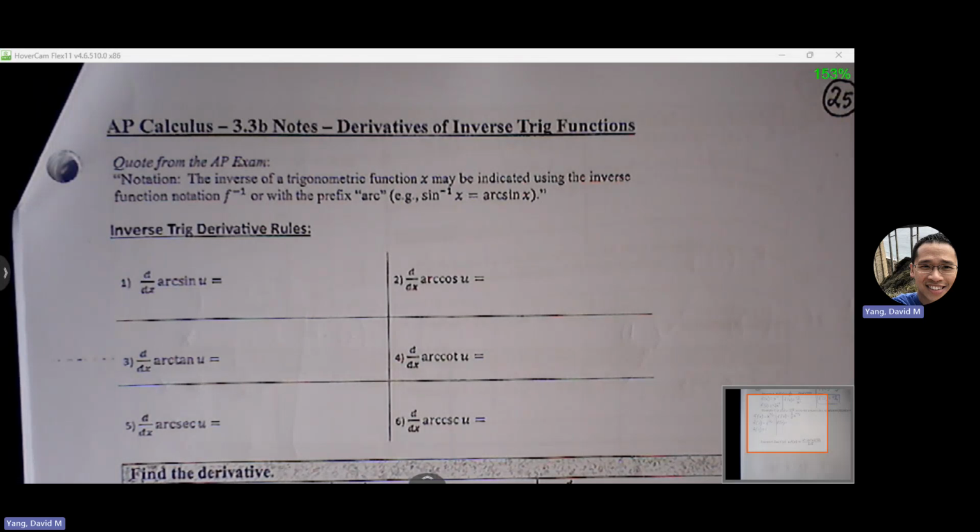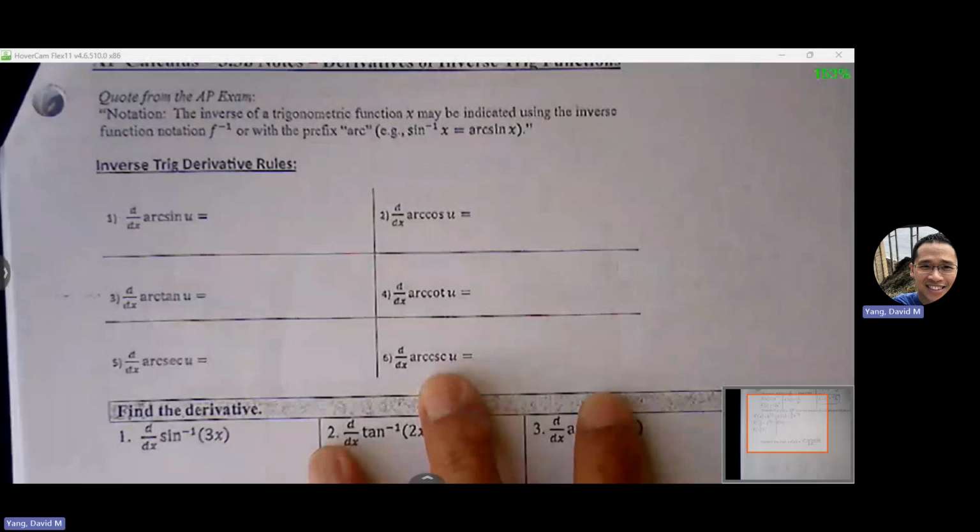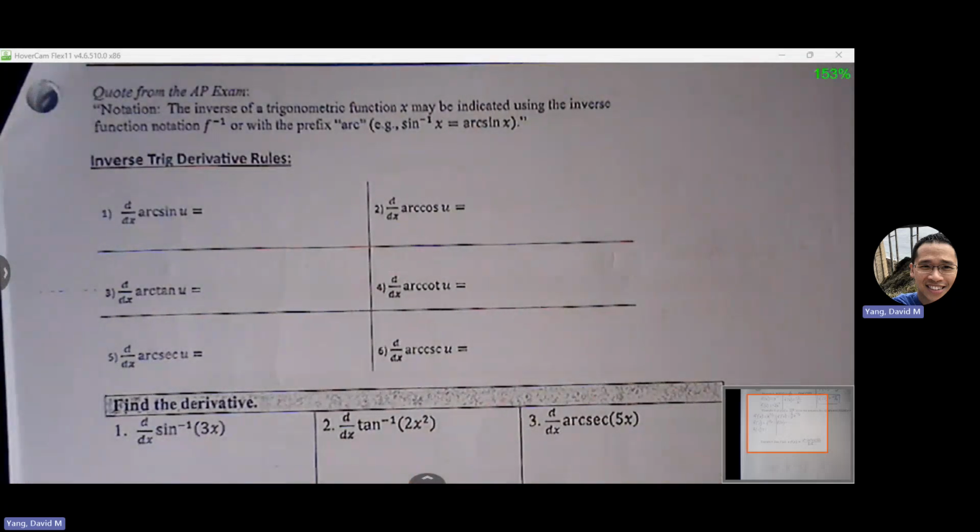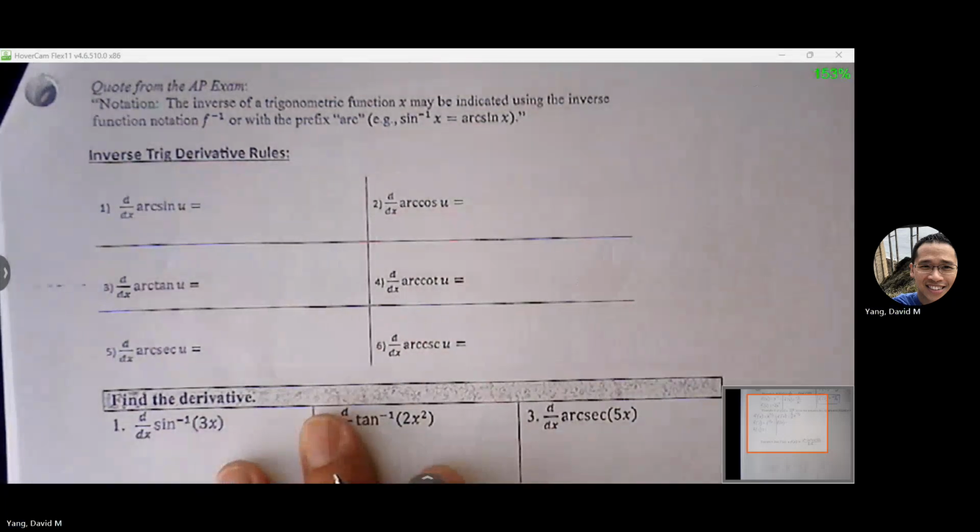If we understand product, quotient, chain, implicit, and how they all can be or recognize when to use those, then that's really the main thing. Now it's just a bunch of derivative rules that we have to learn. But in terms of the processes for the test, we've covered all that already. So now it's just a matter of these rules.